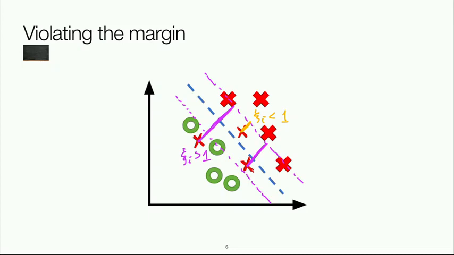Maybe this data point is a negative, so y_i is -1, but the sign of my classifier is positive, so I predicted the positive class. So I'm getting it wrong, therefore that constraint is now completely violated, and it's not even going to be greater than or equal to 0. It's just going to be less than 0. And so these are the two different cases where we might incur some amount of slack. Maybe it's still correctly classified, but it's on the wrong side of the margin, or maybe it's just completely incorrectly classified to begin with.